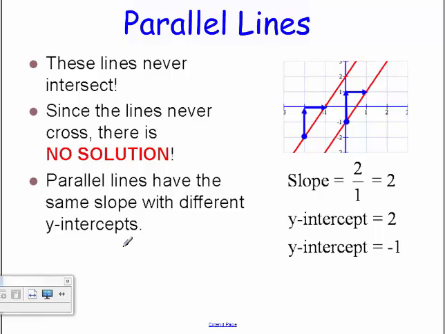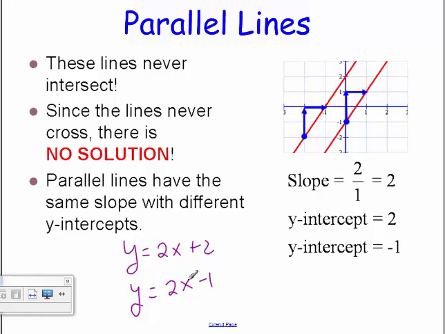So we can look at it like this: y = 2x + 2 would be one of the equations, and then y = 2x - 1. This is a system of equations. There are two equations and two variables, a y and an x.